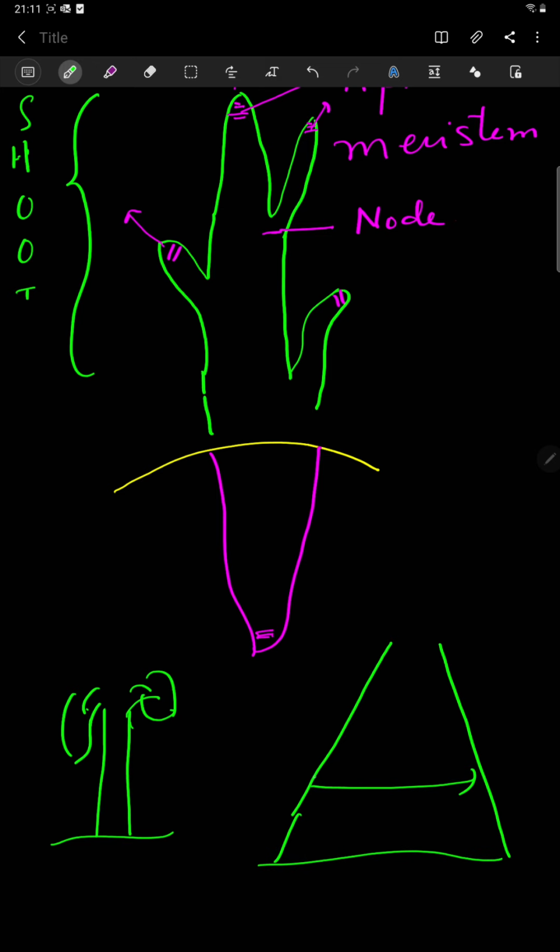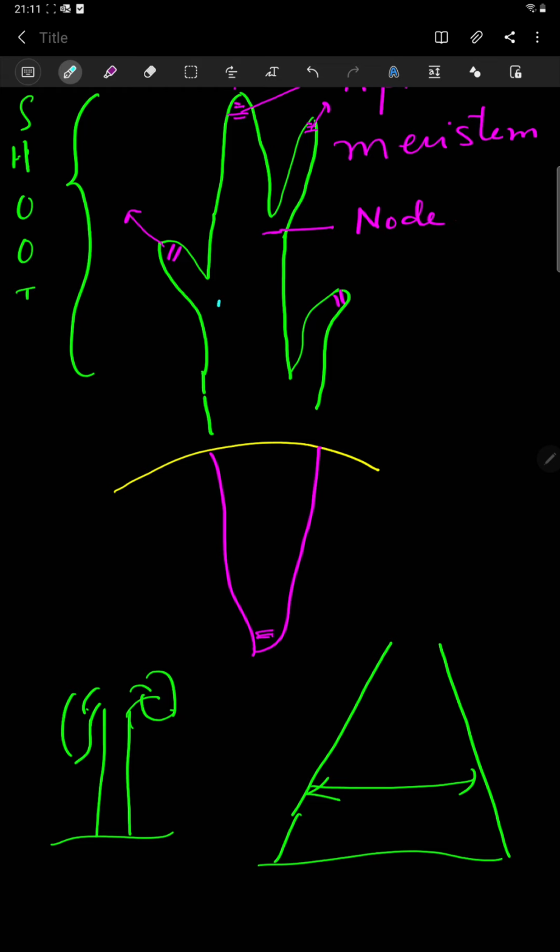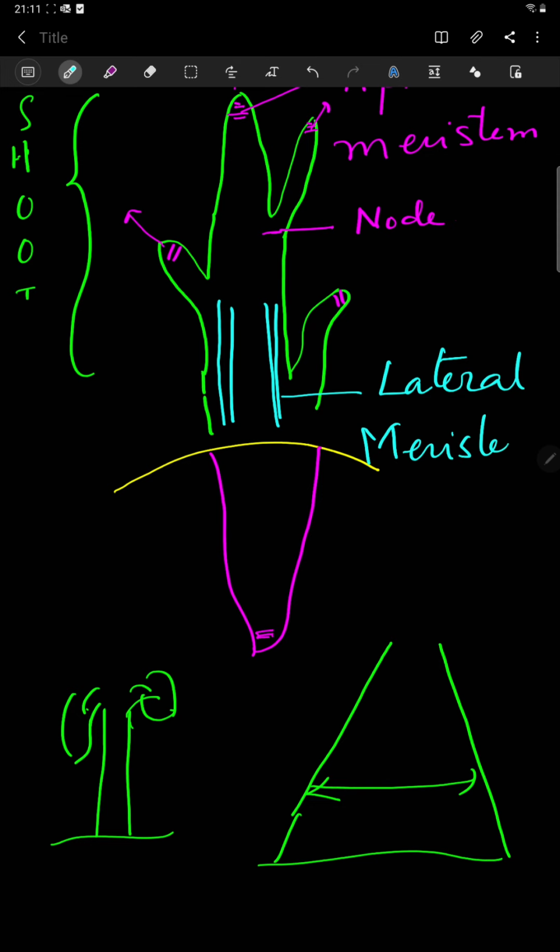The diameter of the stem is also increased due to cell division, and it is also a type of meristem. This type of meristem is present towards the lateral side of the shoot part, and it is termed as lateral meristem. So this one is lateral meristem.